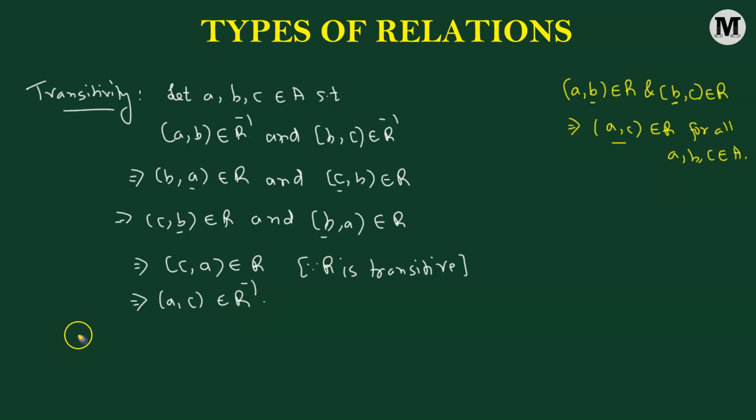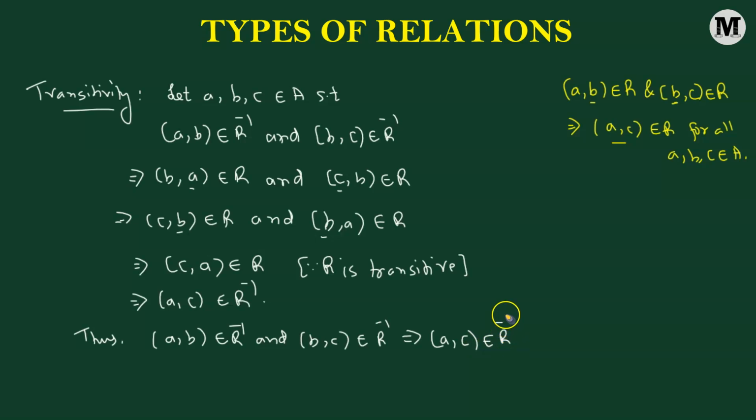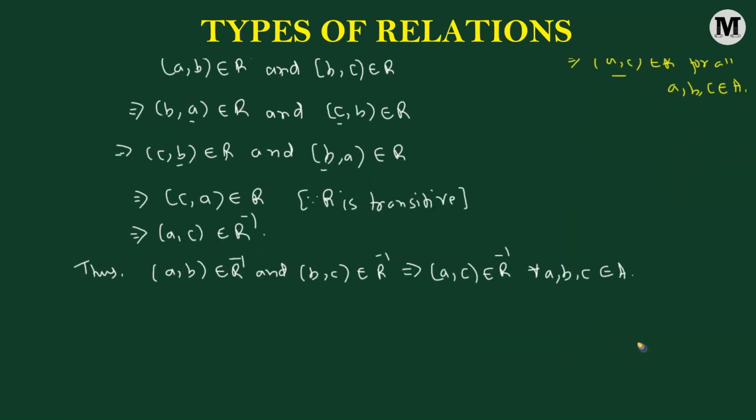So here we have shown that if we consider the ordered pair (A, B) belonging to the inverse relation R inverse, and (B, C) belonging to the inverse relation R inverse, we were successful in showing that (A, C) also belongs to R inverse, and this is going to be true for all values of A, B and C taken from the set A. Okay, so this confirms that indeed our relation R inverse is transitive in nature. So this is a transitive relation on the set A.